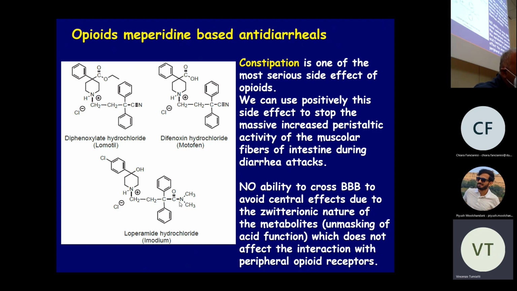You see here the amide function, in order to avoid the crossing of the blood-brain barrier, in order to limit the effect of this type of compound only on the intestinal muscle.